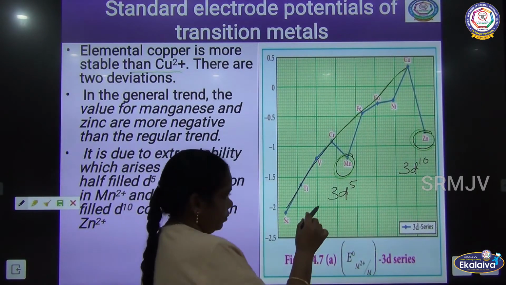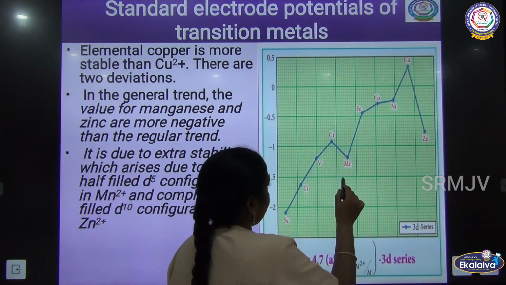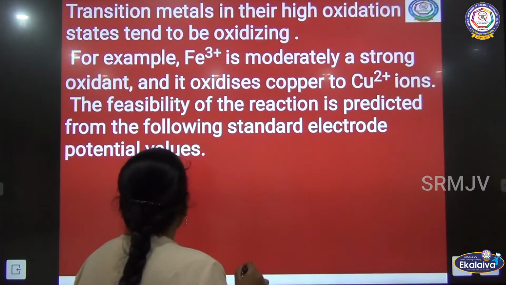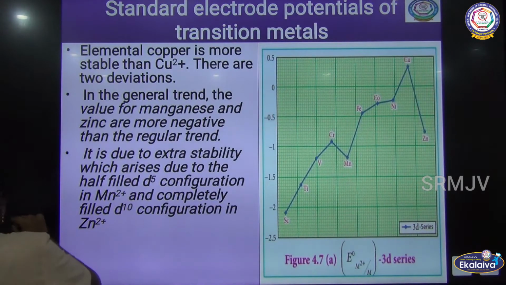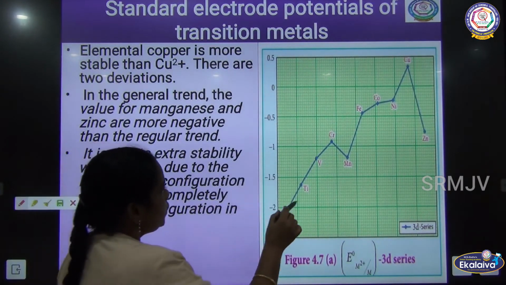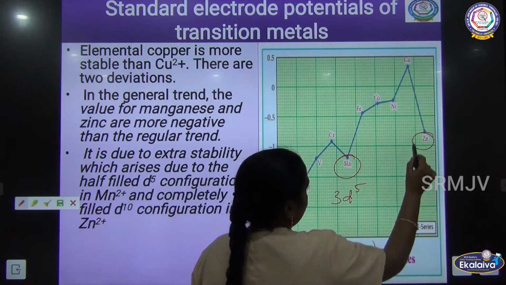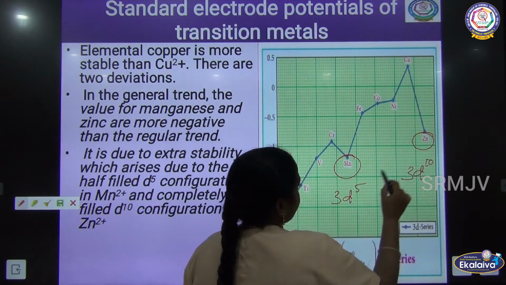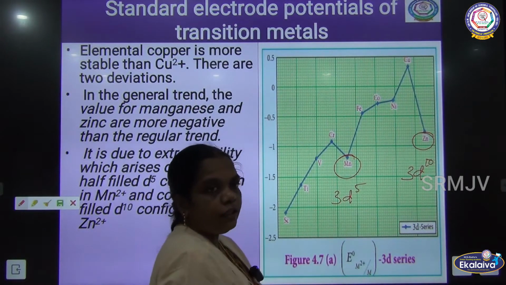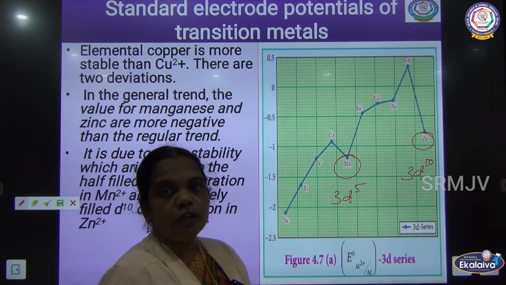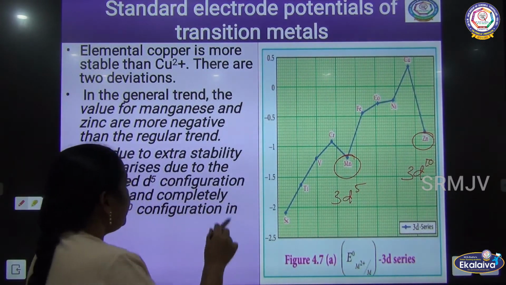So D5 is the half-filled configuration and D10 is the fully filled configuration. Both can show extra stability because they cannot lose the electron easily. So there is a variation.